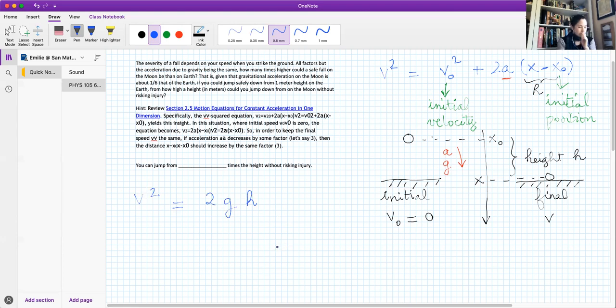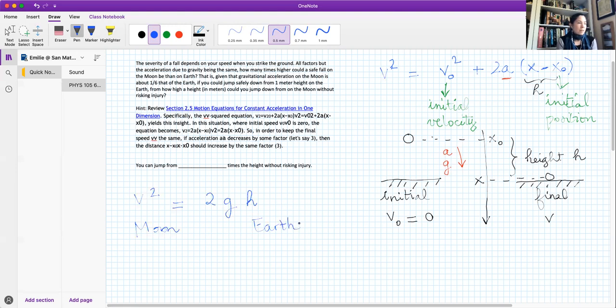Okay, so that's our equation right here. We can see that there is a relationship between the speed squared, my acceleration due to gravity, and the height. So here, what do we want to look at? We are going to look at the situation on the Moon and the situation on Earth.